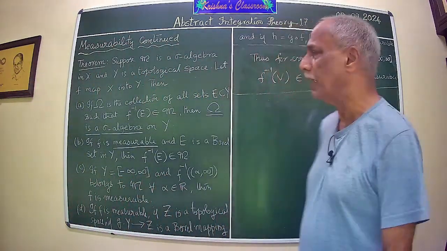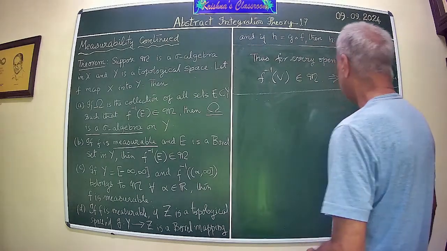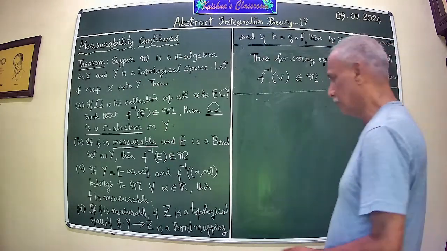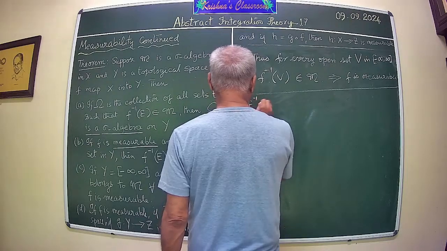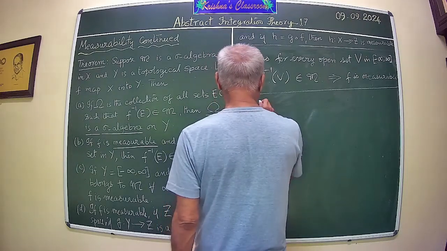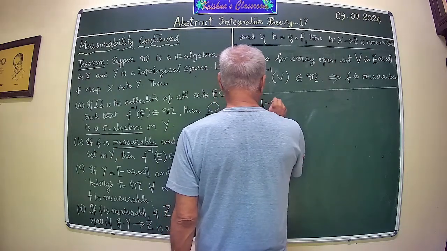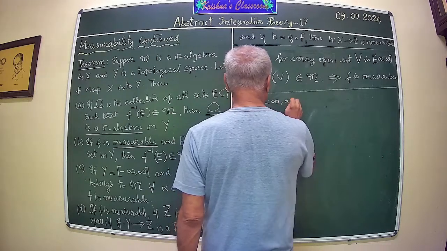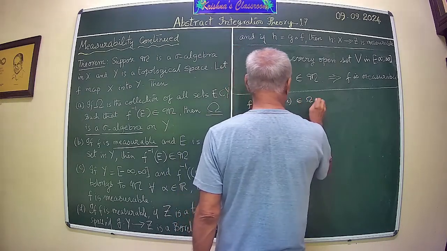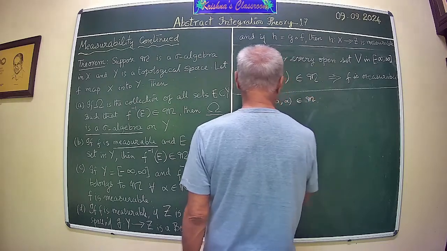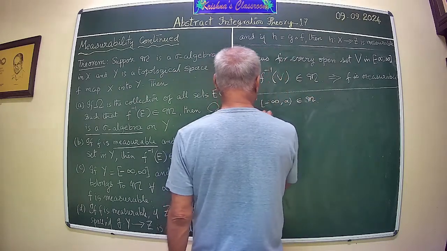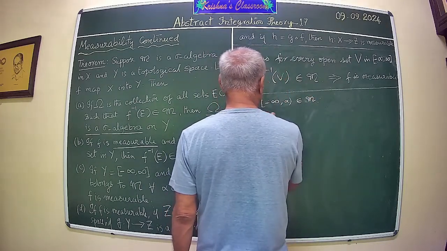Or there are equivalent conditions like, these are all the equivalent conditions. That is F inverse of minus infinity down to M. This is one condition. F inverse of minus infinity.